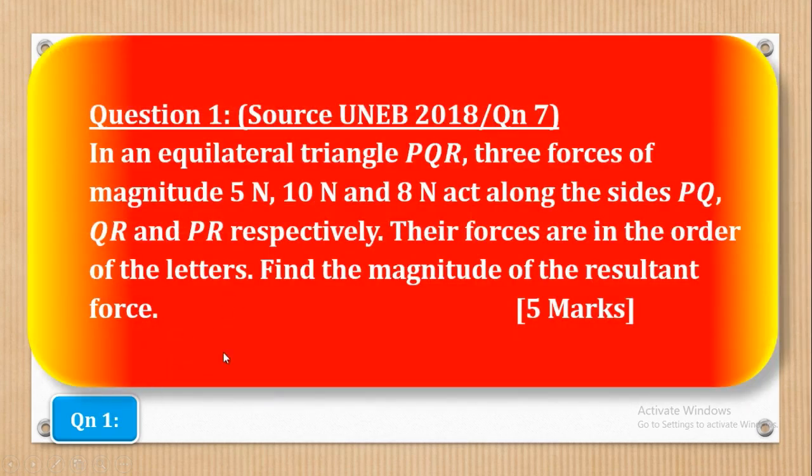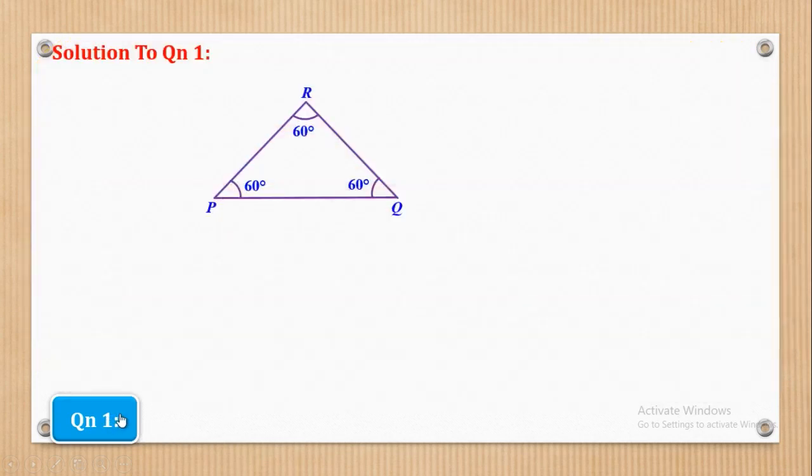Now that you have drawn our equilateral triangle, next is to put in the forces. Remember, they told us the forces are in the order of the letters, meaning the 5 Newton force is in the direction of PQ. So on PQ we shall draw our 5 Newton force.